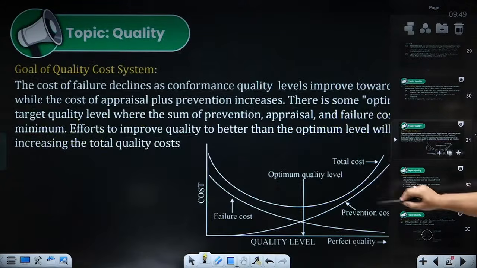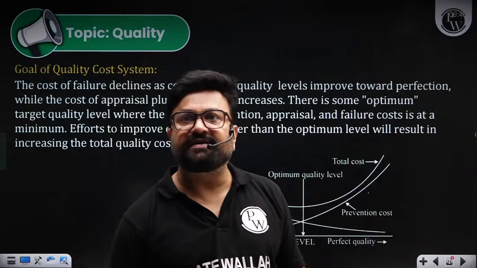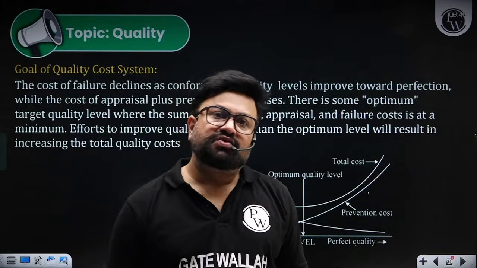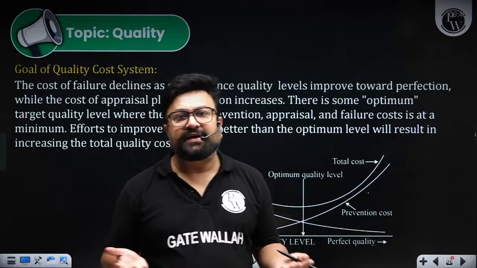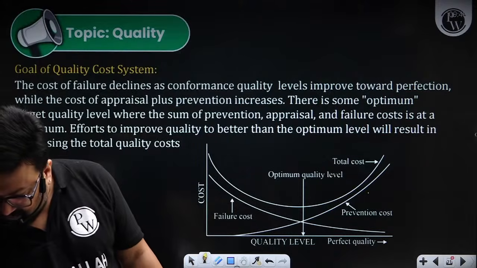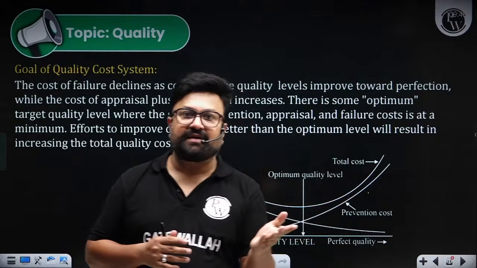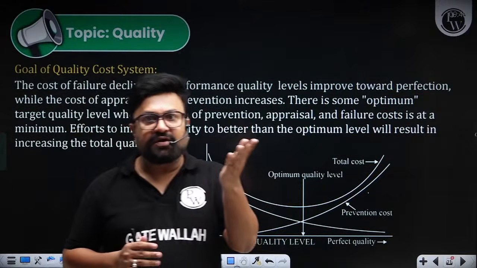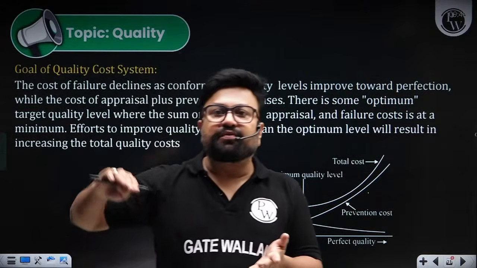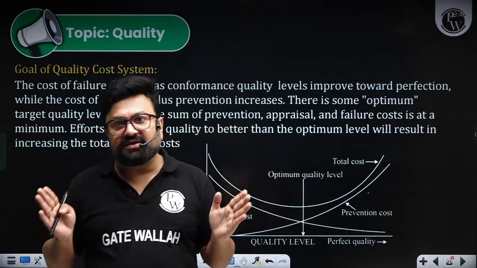Now I'm coming to the goal of the quality cost system. I hope everything is clear till now. Basically, the goal is that the cost of failure declines as the conformance quality level improves toward perfection, while the cost of appraisal plus prevention increases.